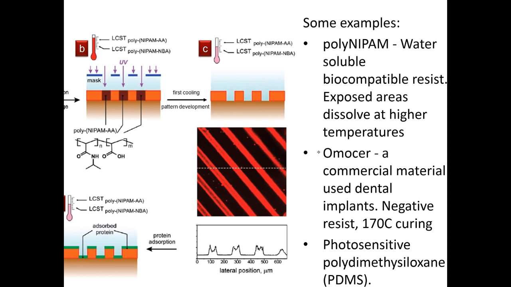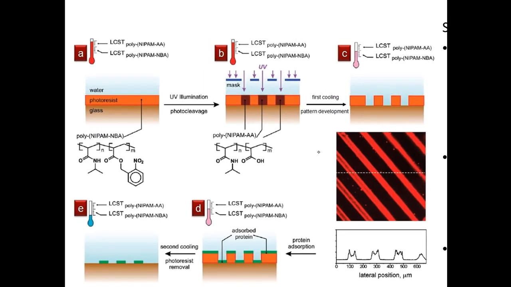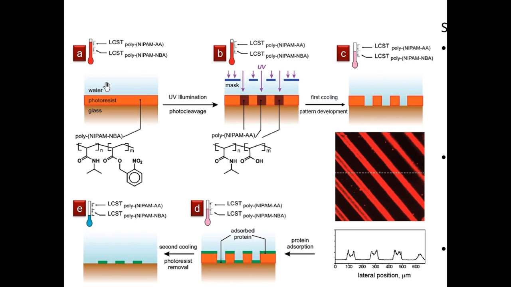So how can you process something like this? You'd start by coating the photoresist on glass, and this is all done in an aqueous solution, so it's very biocompatible. After ultraviolet illumination, the ultraviolet induces a chemical change. There's a photocleavage that happens, and that changes the properties.